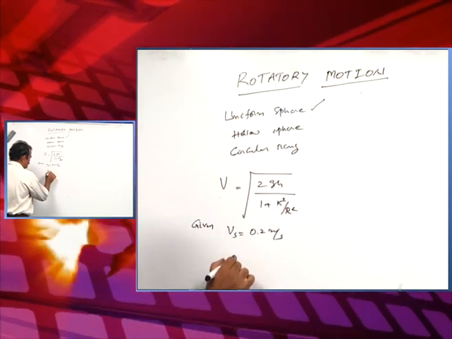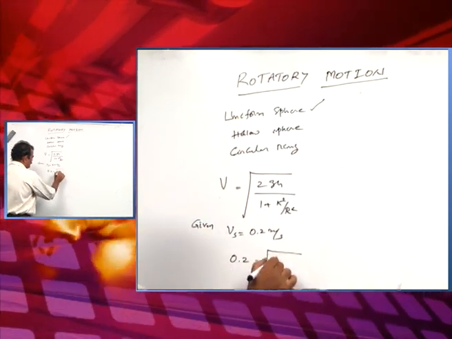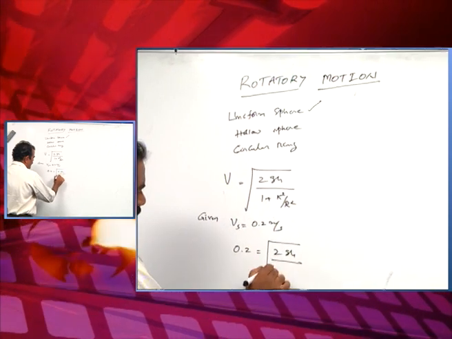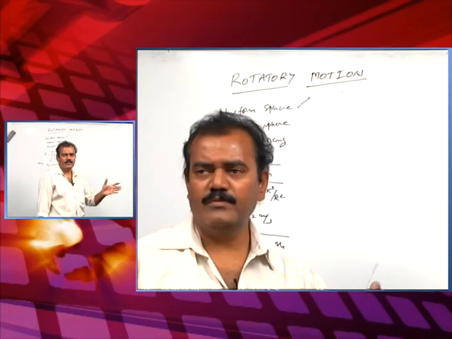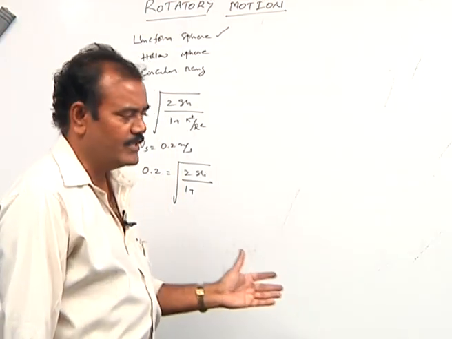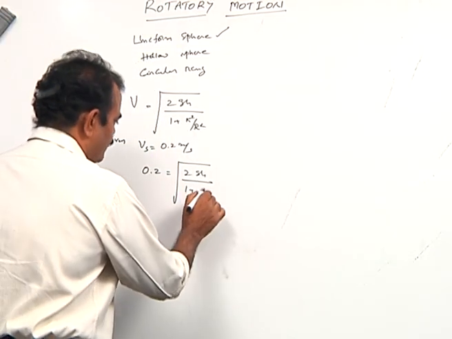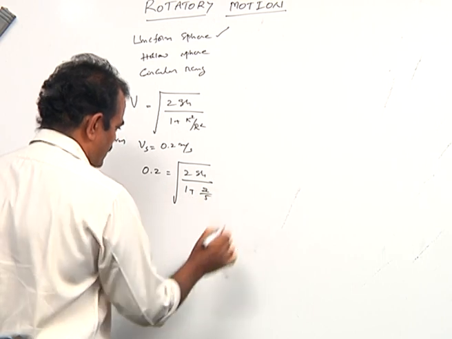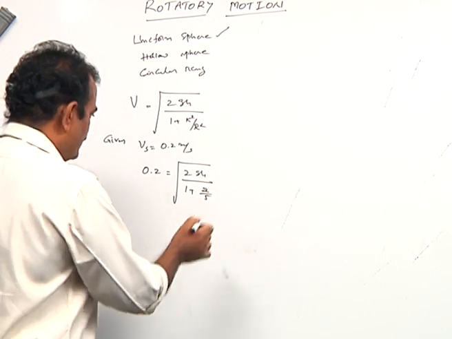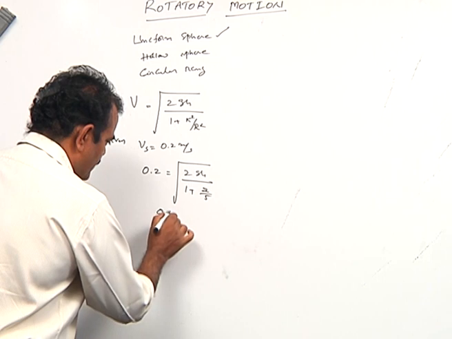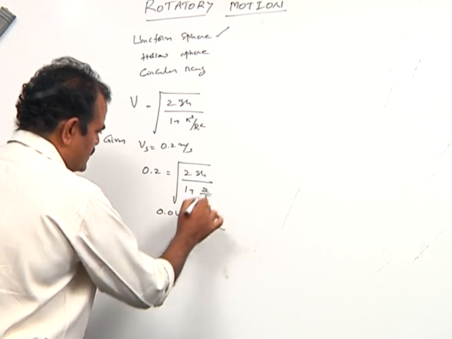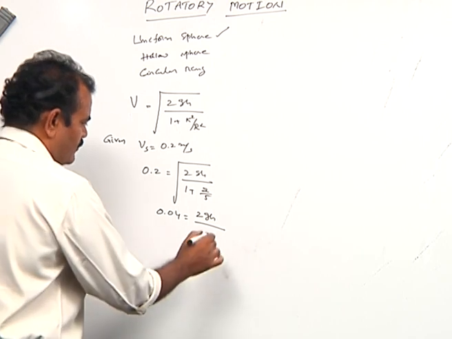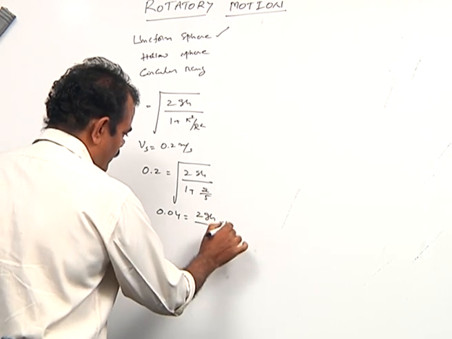So 0.2 is equal to square root of 2gh by 1 plus k square by r square. As you already know, k square by r square for a solid sphere is 2 by 5. So 2 by 5 is taken. Now on squaring both sides, it becomes 0.04 equal to 2gh by 7 by 5, which becomes 5 by 7.